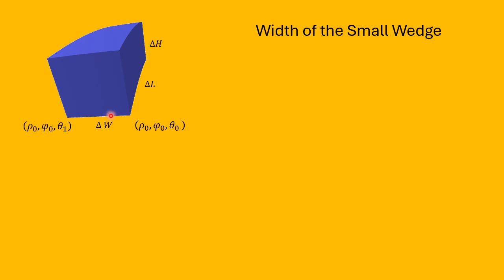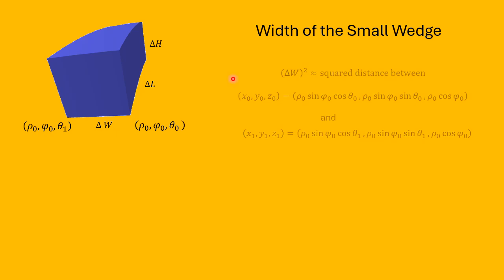Well, if you think about it for a minute, the squared distance, delta W quantity squared, is the squared distance from this point to this point, which are given in spherical coordinates. So somehow we have to do some calculations to figure out what delta W is in terms of these spherical coordinates.